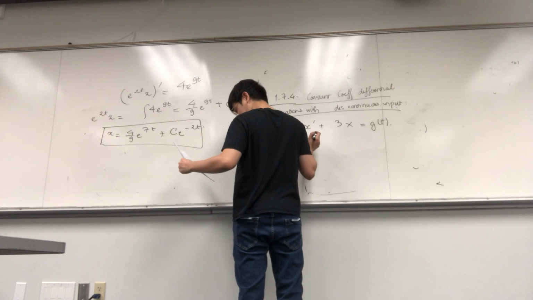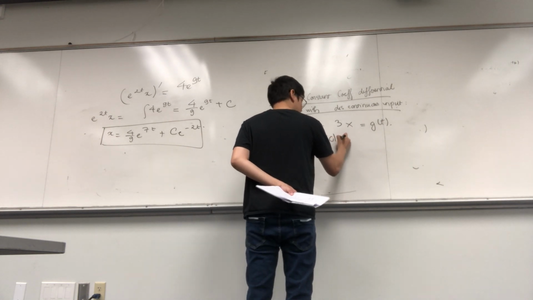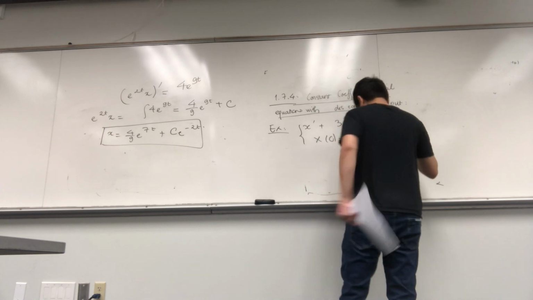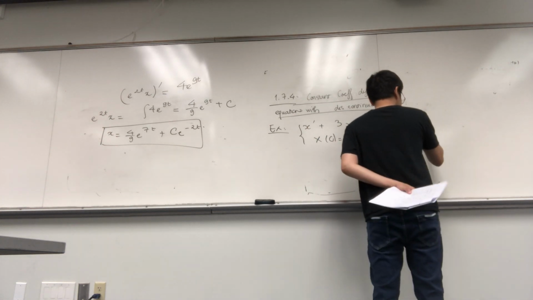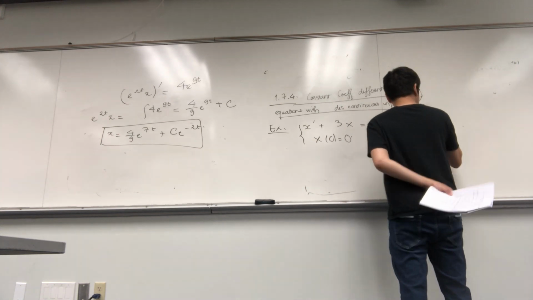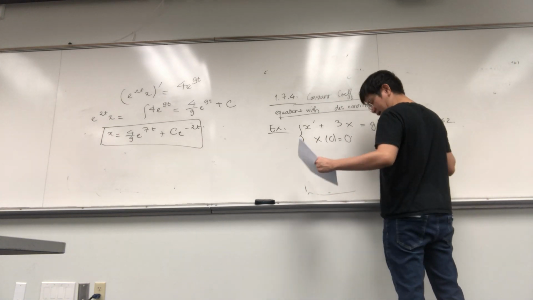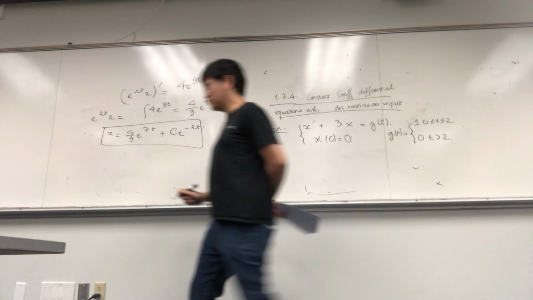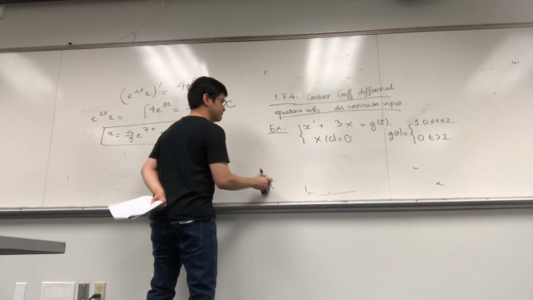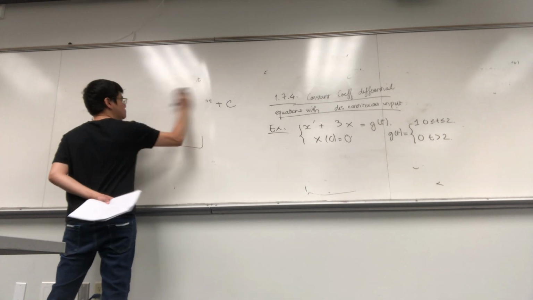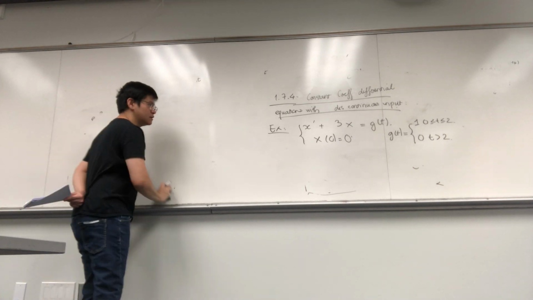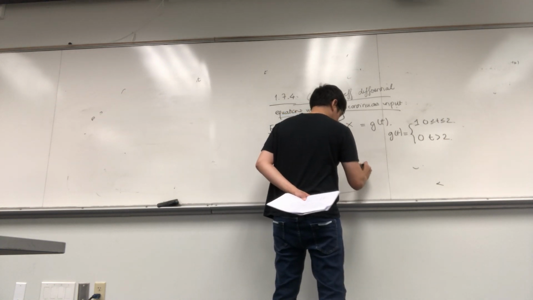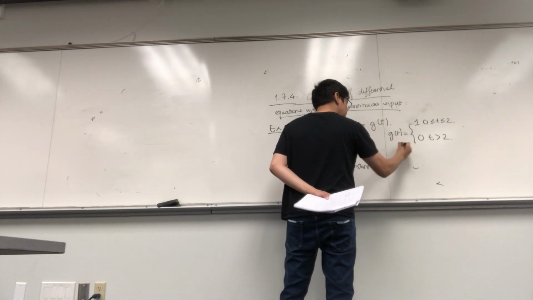I have x(0) equal to 0, and g(t) is 1 when t is going from 0 to 2, and this is 0 when t is bigger than 2, right? So in this case, this is constant, and this is discontinuous.